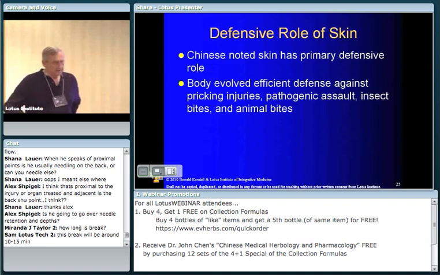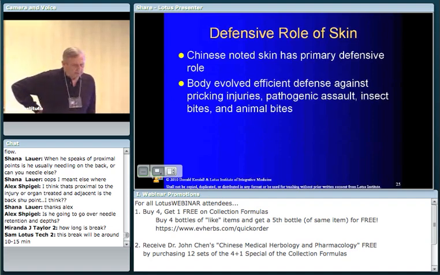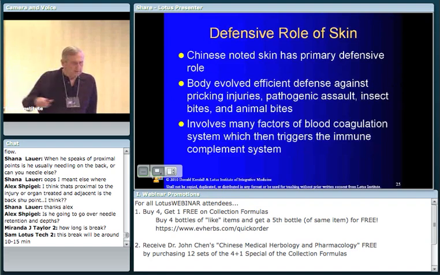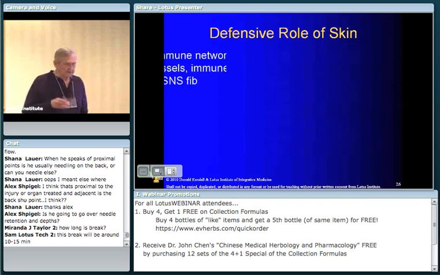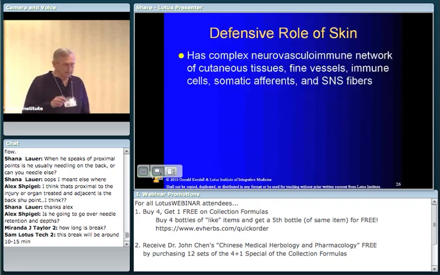Also provides descending control regions of the spinal cord that mediate inhibition of pain, relaxation of muscle tissue, normalization of vascular tone, restoration of visceral homeostasis. That's kind of a repeat. So here's the key. Descending control process is directed by you, the practitioner, to obtain the desired clinical effects.